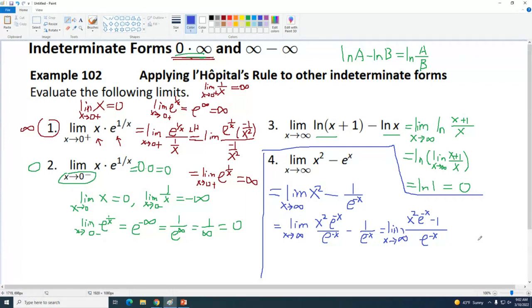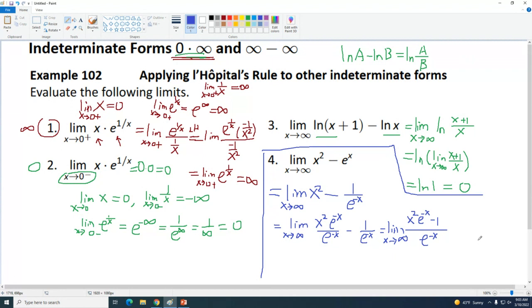As x goes to infinity, x squared goes to infinity, e to the negative x goes to 0. But in this case, the exponential function still has a higher power than the polynomial function. So the 0 is going to have a bigger impact than the x squared. So this numerator has a limit 0.